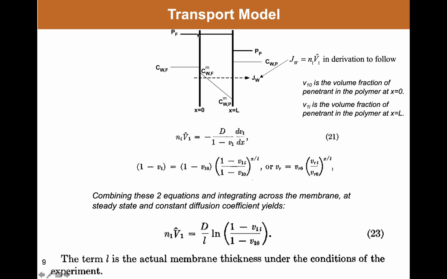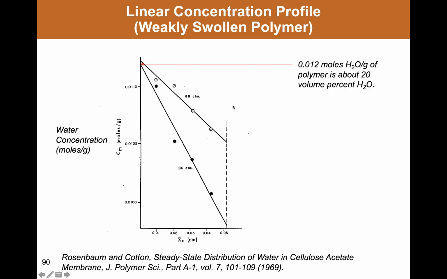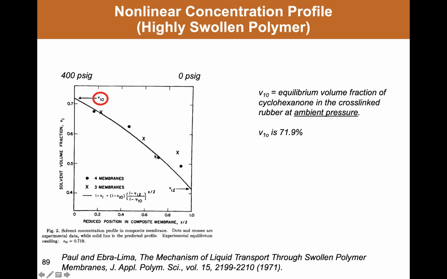When you apply higher and higher feed pressure, you build a big concentration gradient across the material, like in Paul's case, going from about 72 volume percent down to about 40 volume percent at the permeate side.